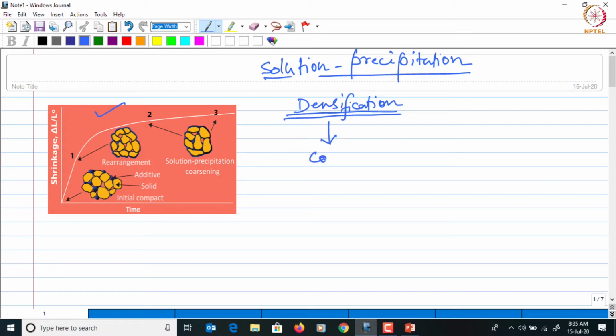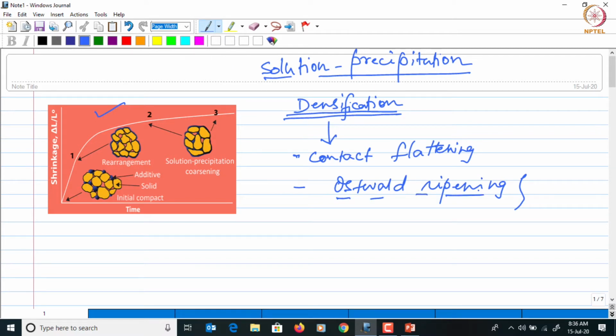One is by contact flattening, and the other mode is through Ostwald ripening, which is accompanied by grain coarsening, because in this case the bigger grains grow at the expense of the smaller ones.